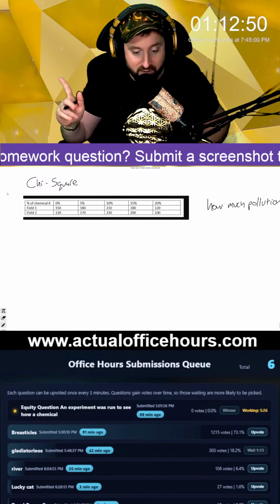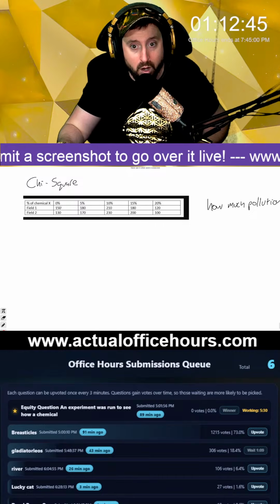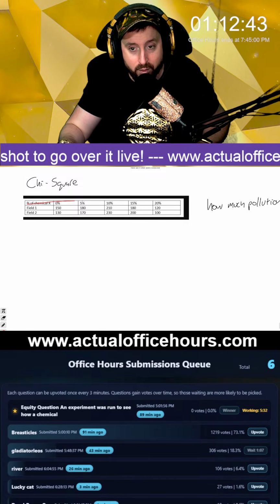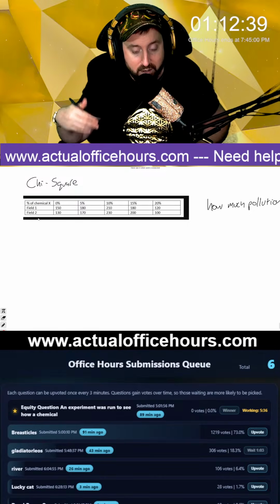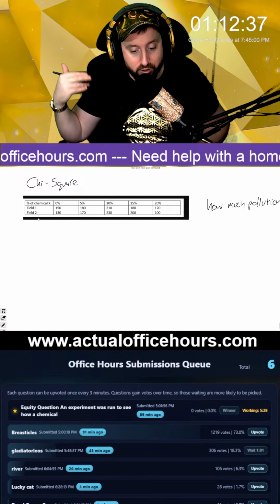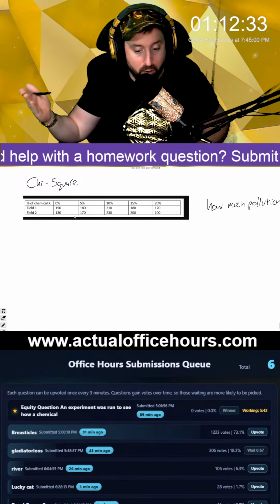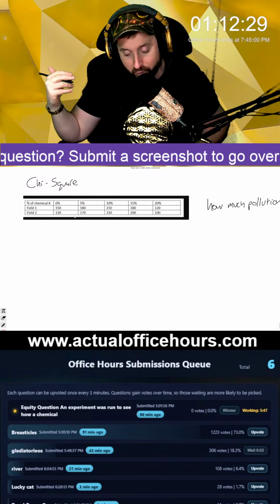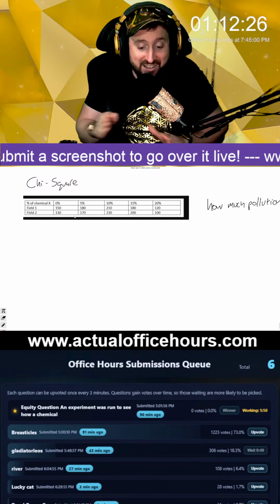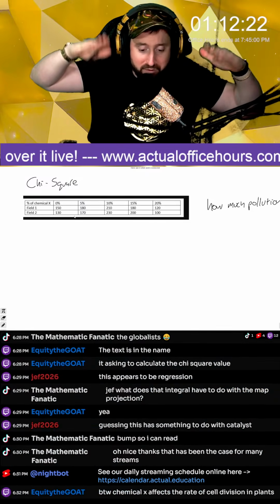A chi-square test will enable you to see whether the percentage of chemical treatment or the field treatment is the most important for determining how much pollution there is, like which one moves the needle more. So it's really cool for real world situations where you can't isolate all the variables at once, and so you have to vary at least 2.